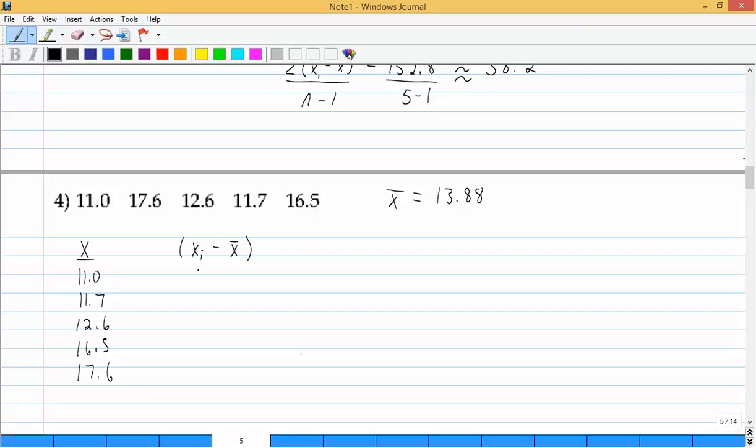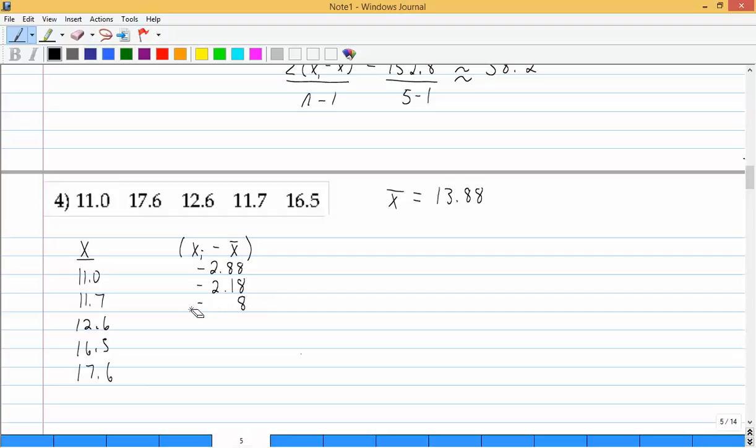I'm just going to write down the actual answer this time, speed things up a little. Negative 2.88. 11.7 minus 13.88, negative 2.18. 12.6 minus 13.88, negative 1.28.